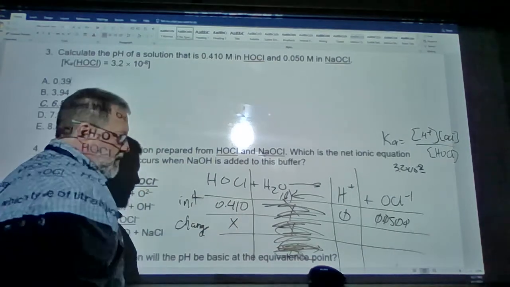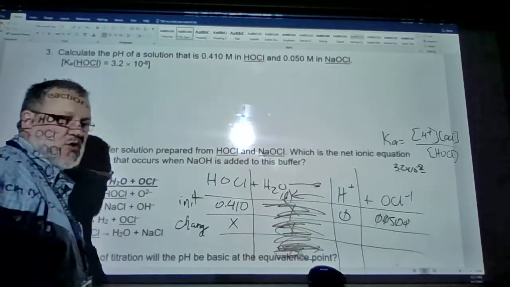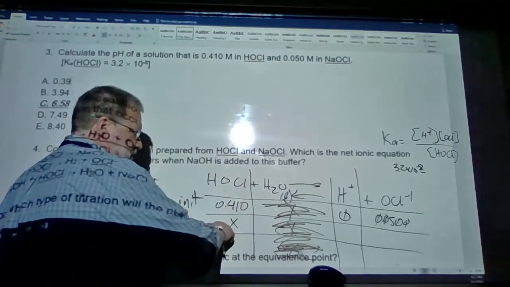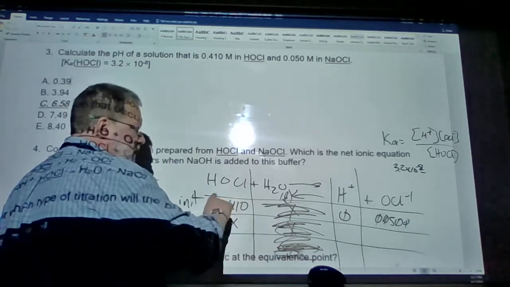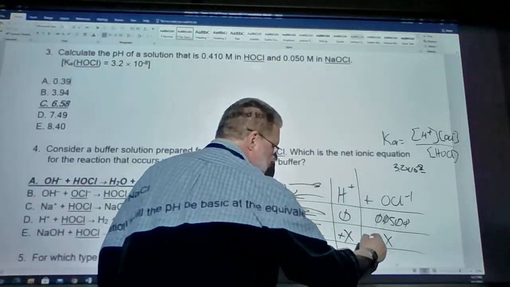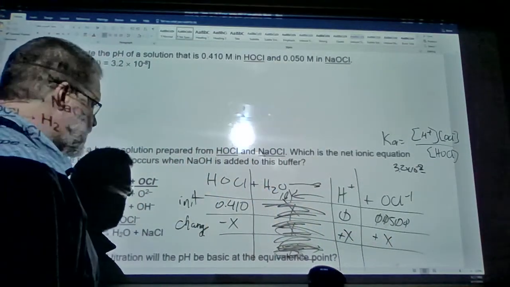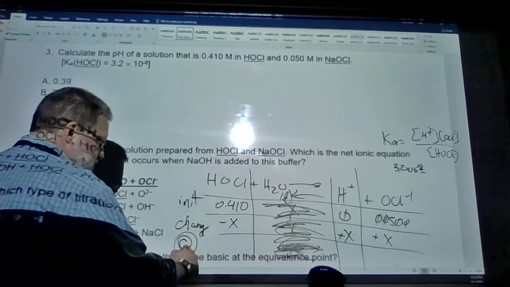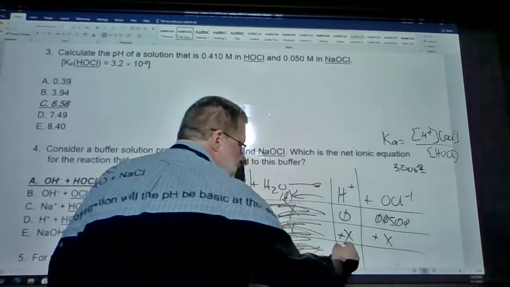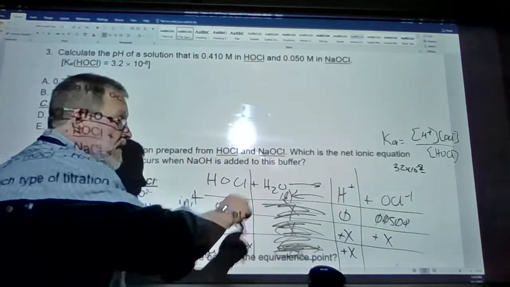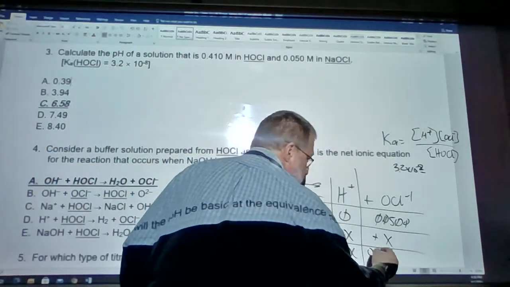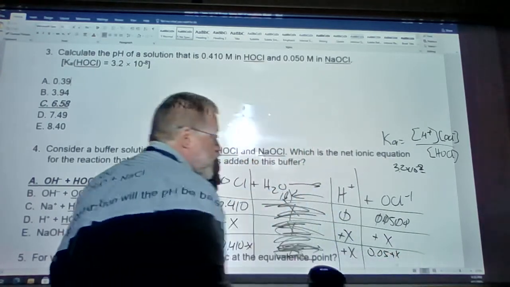Let it be represented by X. Since this is a 1 to 1 to 1 mole ratio, the amount of H produced is equal to the amount of HOCl that ionized. So is the OCl. So this is minus, this is plus, and that's plus. So at equilibrium, 0.410 minus X, this is plus X. Remember, we didn't start out with 0 OCl minus, we started out with 0.05 molar. So this value is 0.05 plus X.